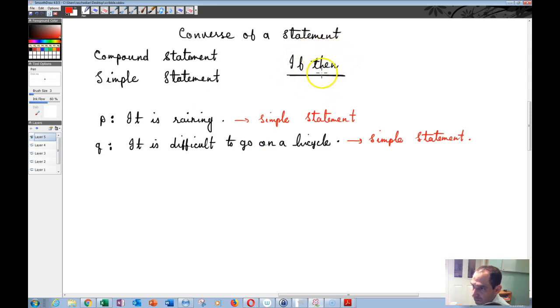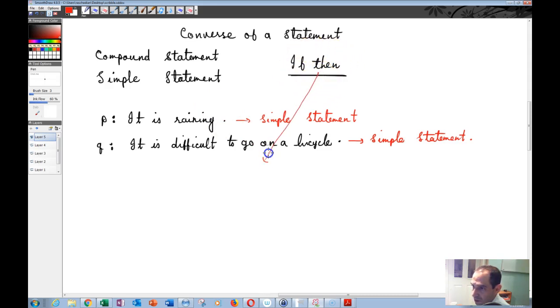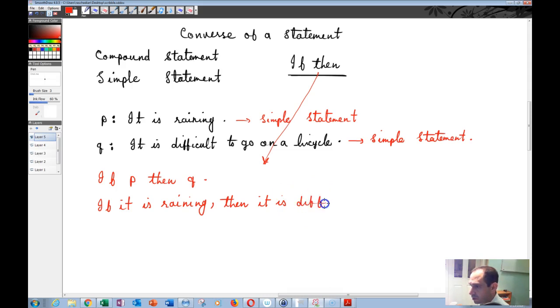So now if I use if then to put these two statements together, what I'll get is: if statement P, then statement Q. What that means is I can say, if it is raining, then it is difficult to go on a bicycle.